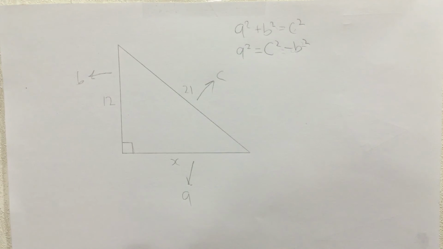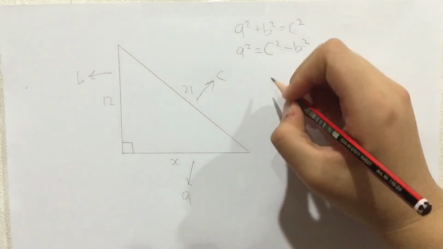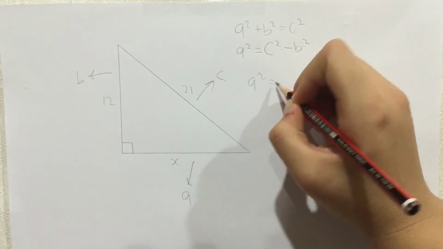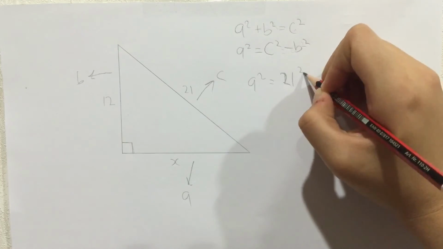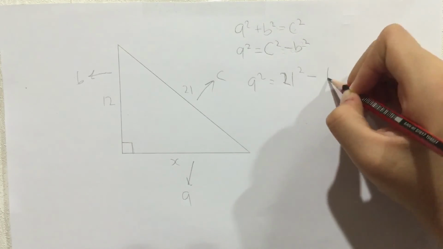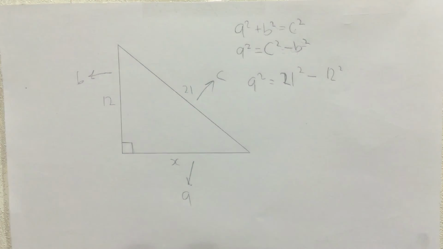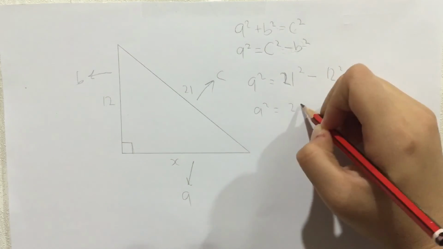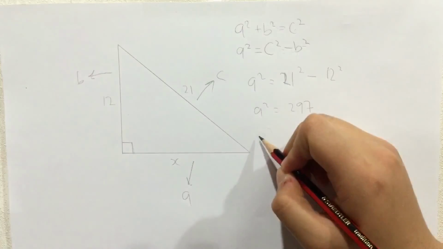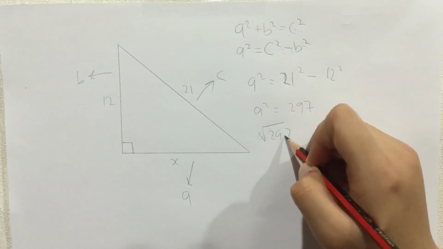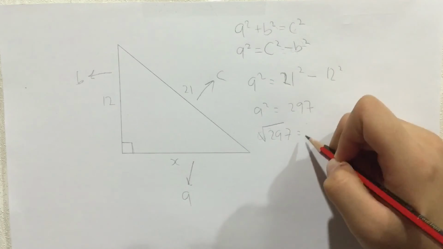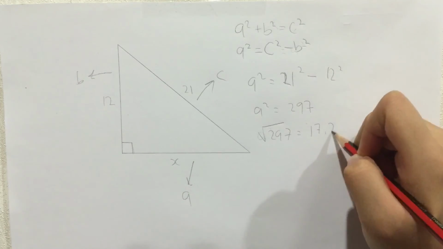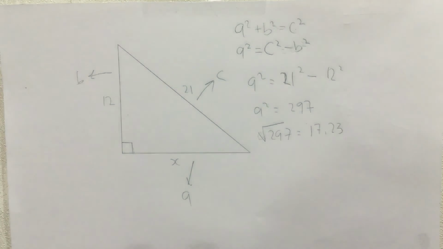So to answer this one, it's exactly the same as all the others. You substitute the numbers in. A squared equals 21 squared minus 12 squared. Put that into your calculator. You get A squared to equal 297. Square root 297 to find just A, which is 17.23.